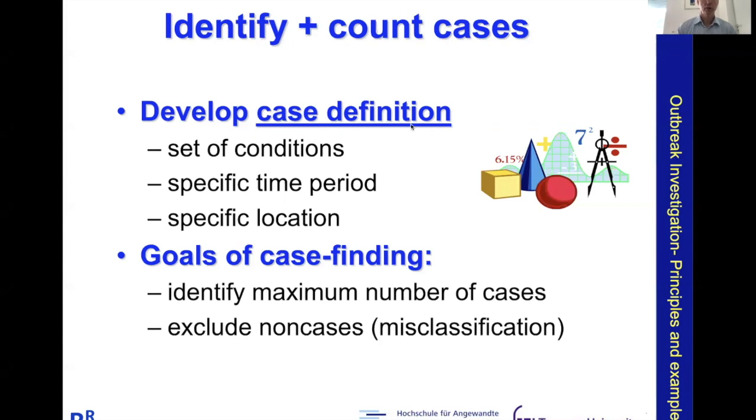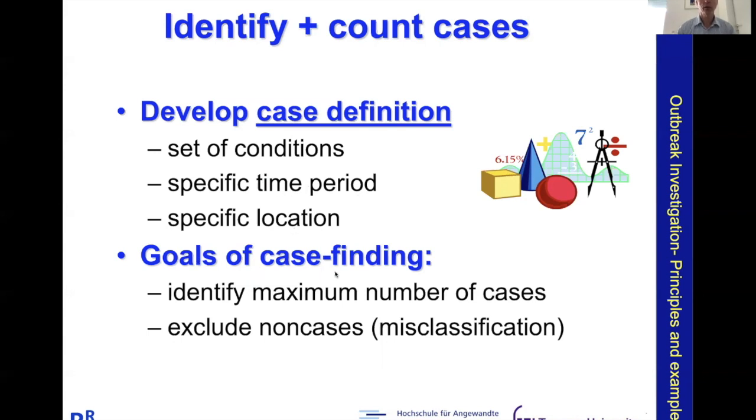We need to develop a case definition with a set of conditions, mainly clinical conditions, and specific time periods, because if you only talk about Q fever cases in a certain region, it would mean all from 10 years ago. No, for a certain time period from when this outbreak started, or when you expect it to have started, concerning time and place.